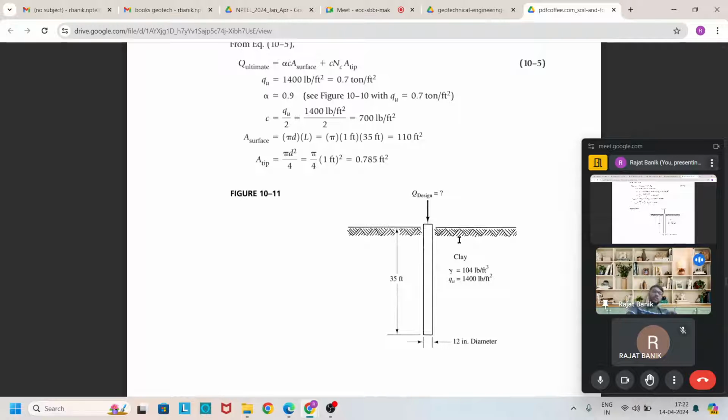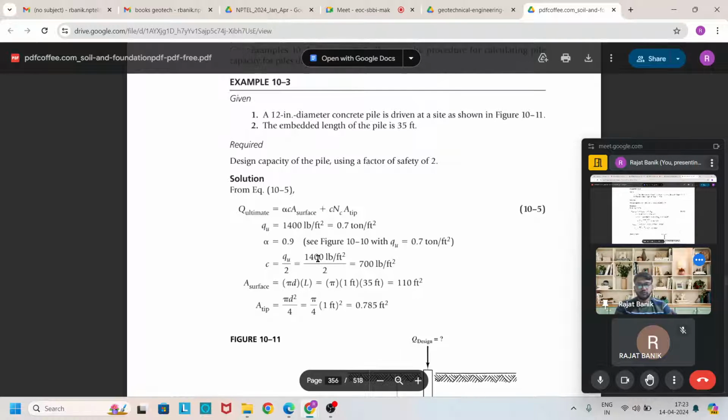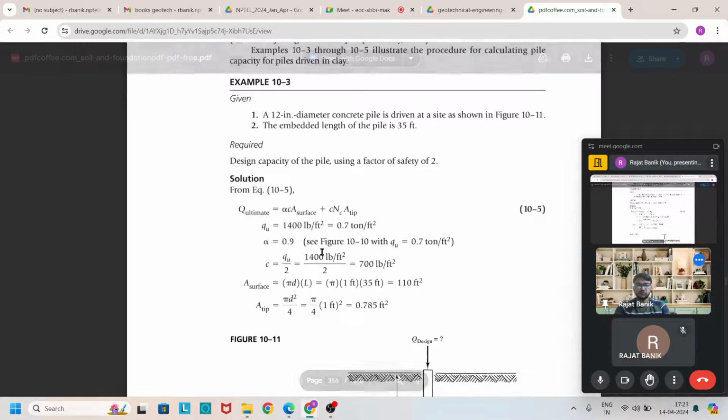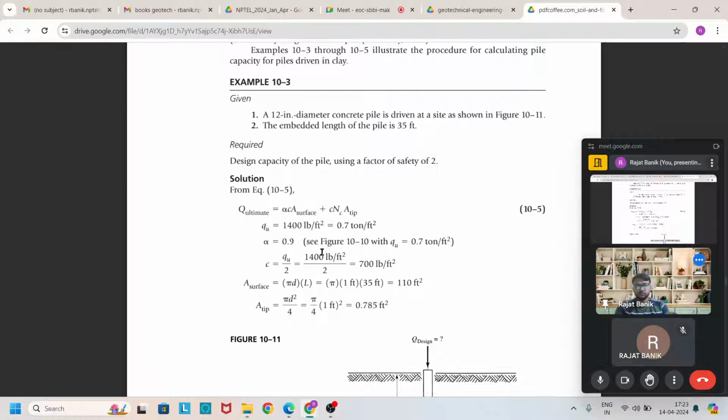So in clay soil there is no need to find out the critical depth. So we use the alpha c method.